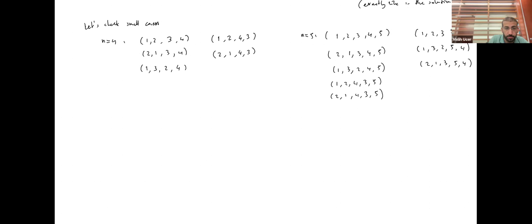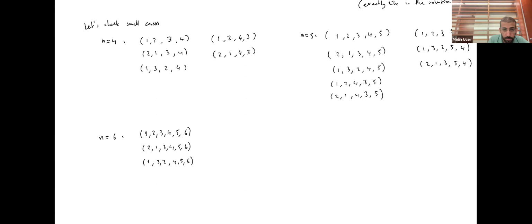For n equals 6, we should have all these permutations with 6 added at the end. So 1, 2, 3, 4, 5, 6. 2, 1, 3, 4, 5, 6. 1, 3, 2, 4, 5, 6.